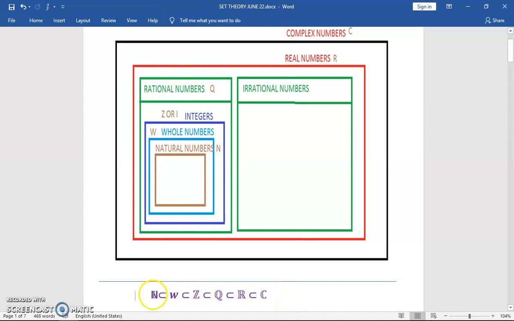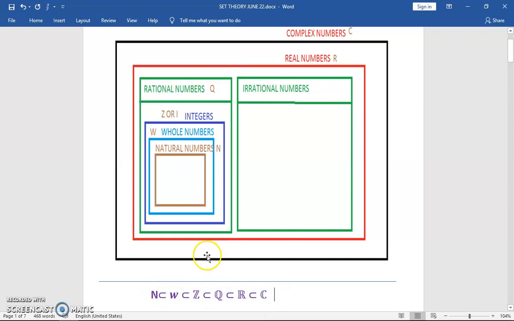Since N is the smallest one, N is a subset of W. This symbol represents subset. So N is a subset of W is a subset of Z, like that. From this we can see N is the smallest one and C is the largest one.